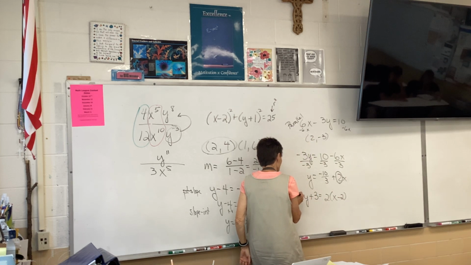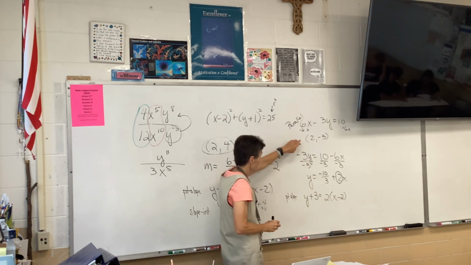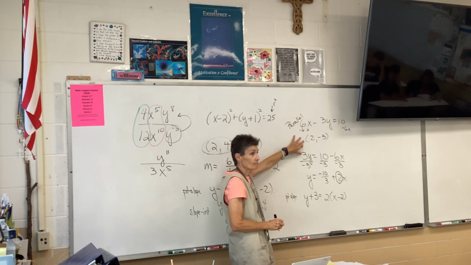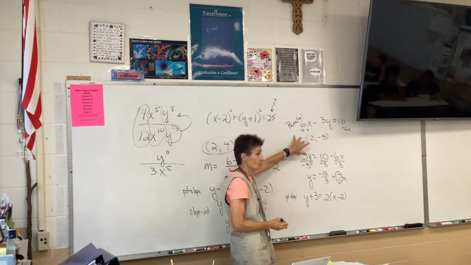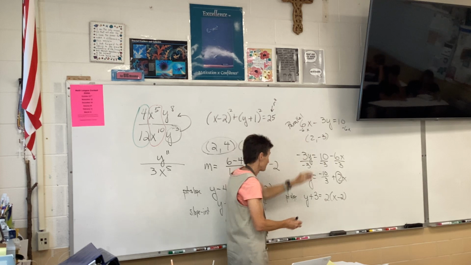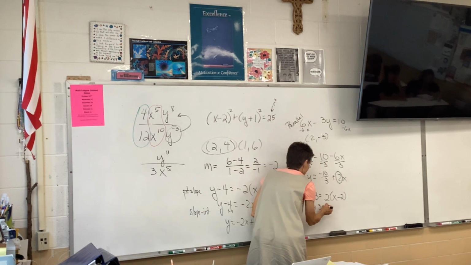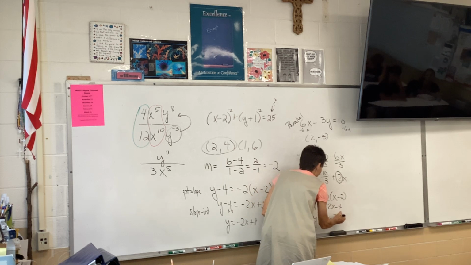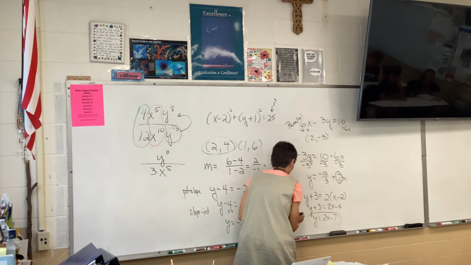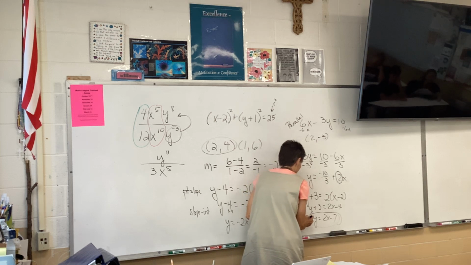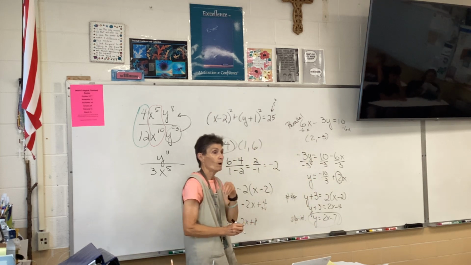And here's your point slope form. Everybody okay with that? You don't get to pick a point, you have to use this one, it's the only one you got. And then if I want slope intercept, it looks like y = 2x − 7. You're just gonna write down the one that's asked for.